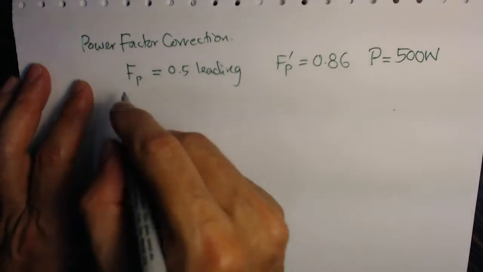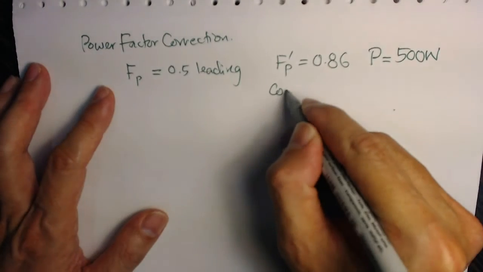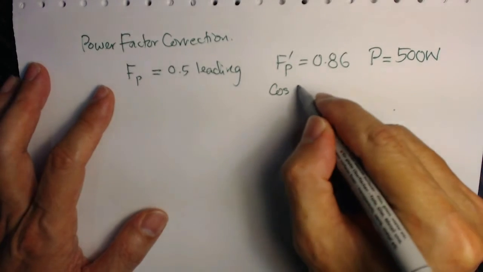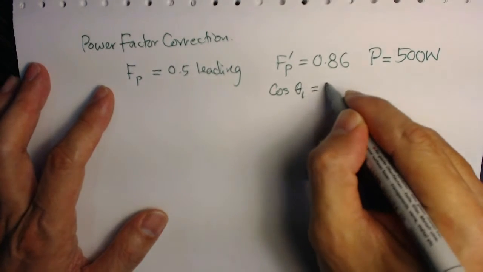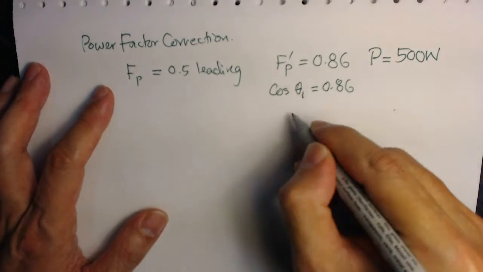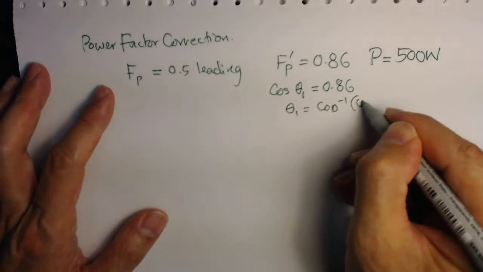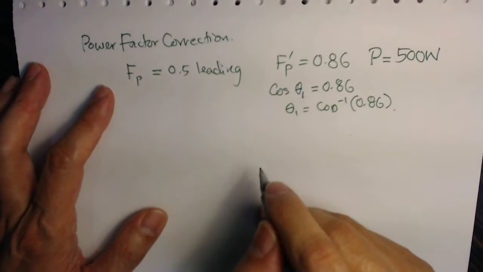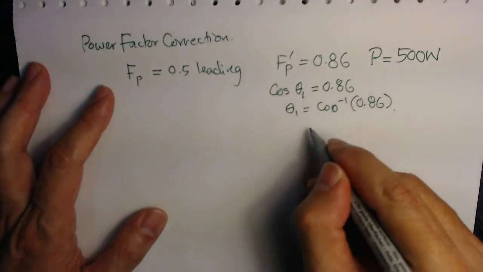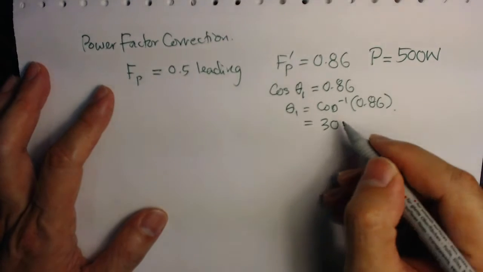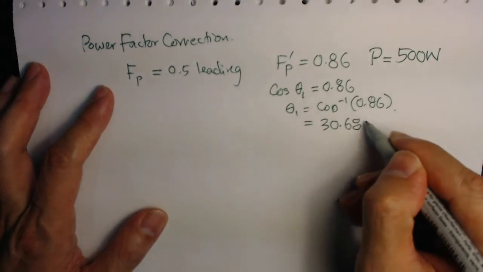So the new angle theta 1 is cosine inverse of 0.86. That's 30.68 degrees.